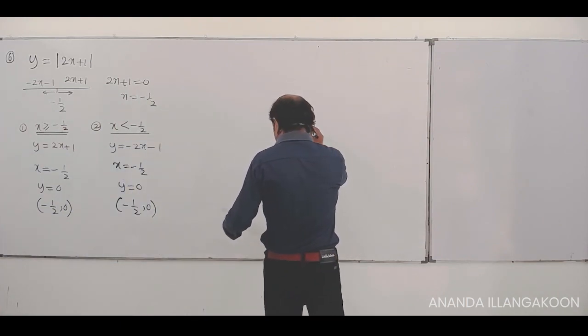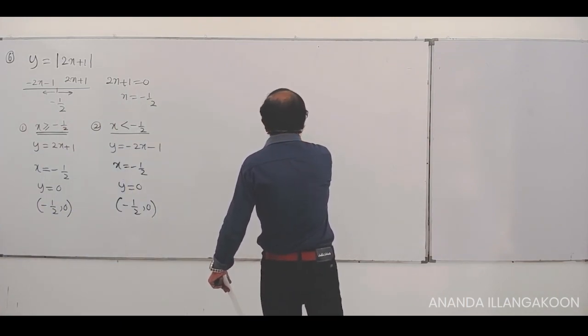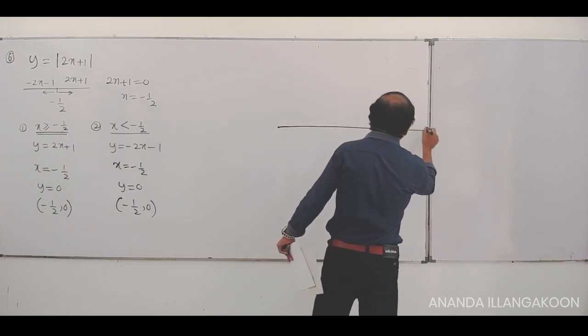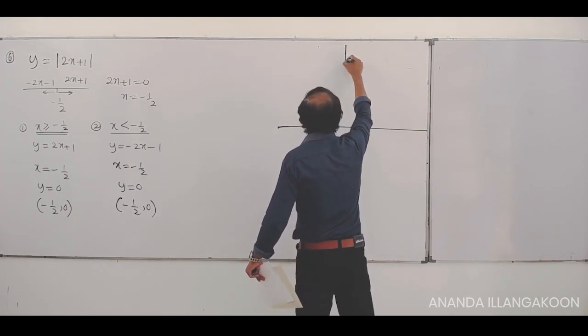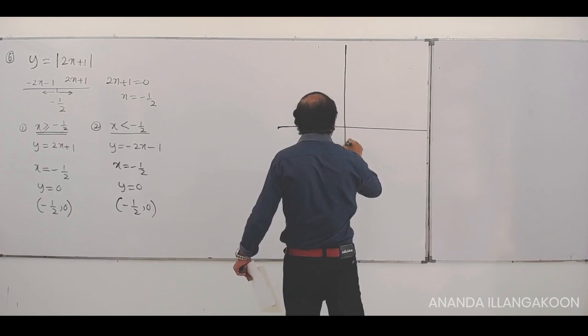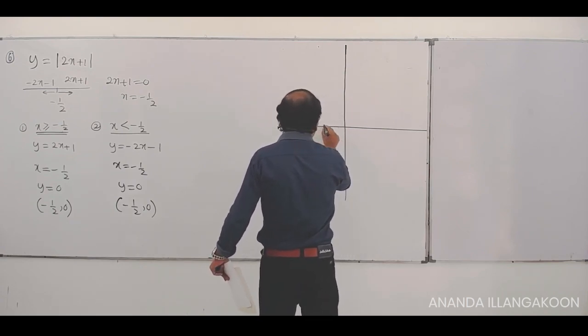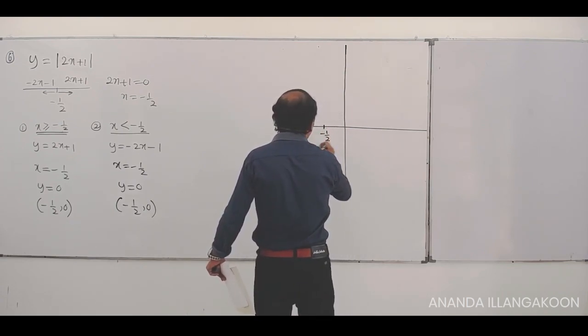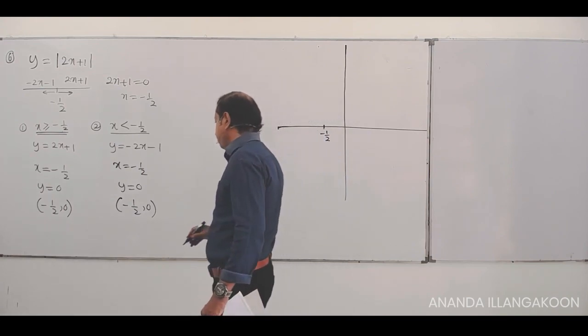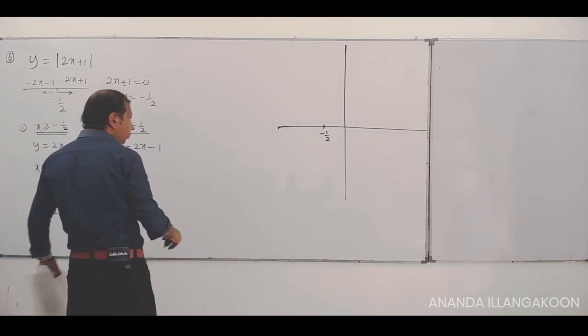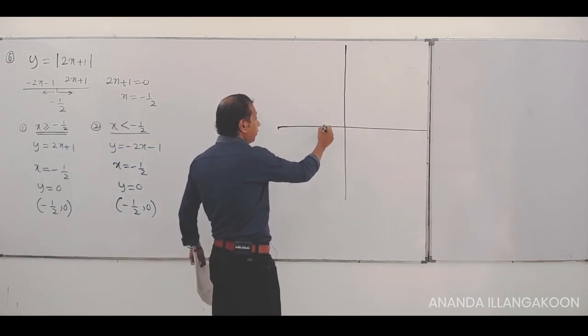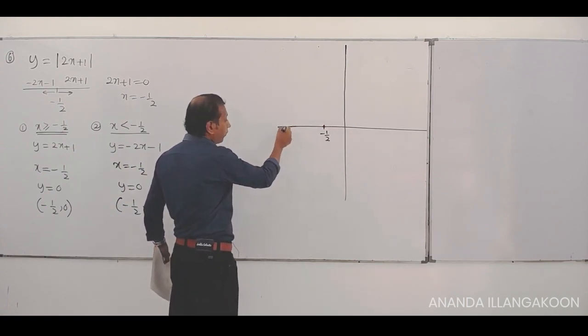We can take it this way: the x-axis, this is the y-axis. Minus half is here. x equals minus half, y is 0 for both. This is that point. The negative x-axis.